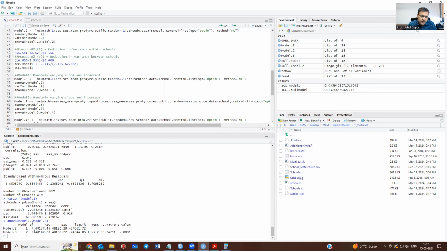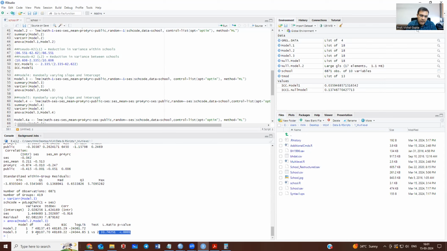Now if we compare, you see AIC has reduced, BIC has reduced, and if we compare the two, our chi-square, or delta deviance, comes out to be 33.74. Delta DF is 2, and this is highly significant. And which is a better model?